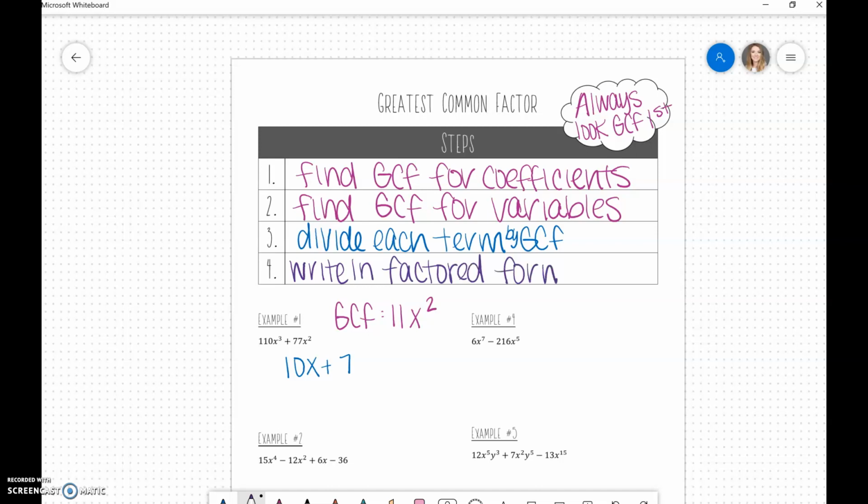So from here, we need to make sure that that greatest common factor is left out front. Essentially, what we just did is the opposite of the distributive property. If I were to multiply 11x squared times 10x, we'd get 110x cubed. 11x squared times 7, we'd get 77x squared. So just make sure after you've divided each term by that GCF, you leave that greatest common factor out front.